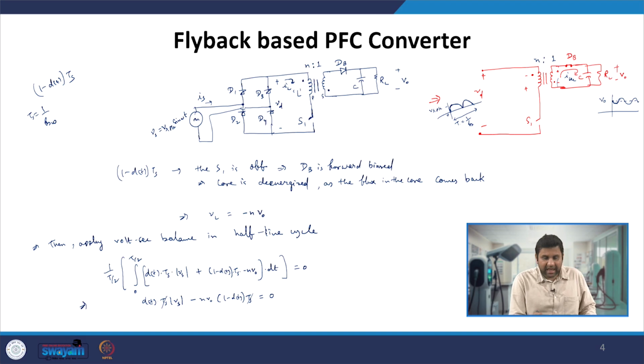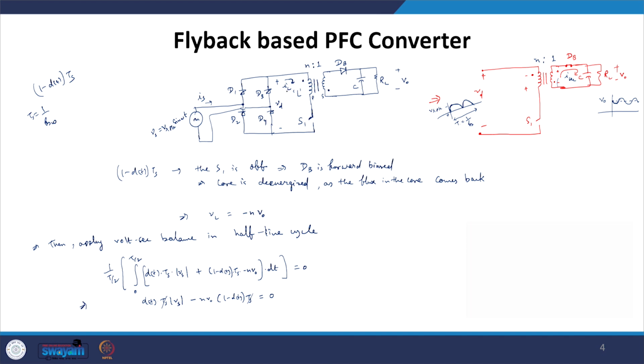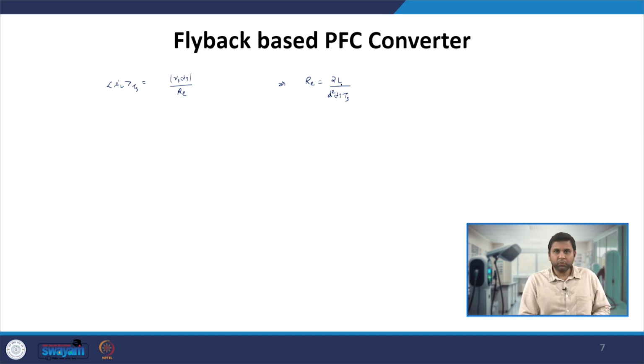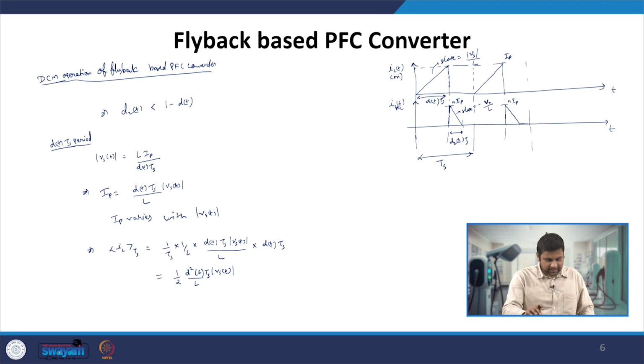And we have seen that the average variation over the switching period Ts follows the variation of Vd, which is nothing but the rectified AC voltage, and the converter looking from this side has the resistive load value Re, which is equal to 2L by d square t of Ts, where L is the value of the inductance.